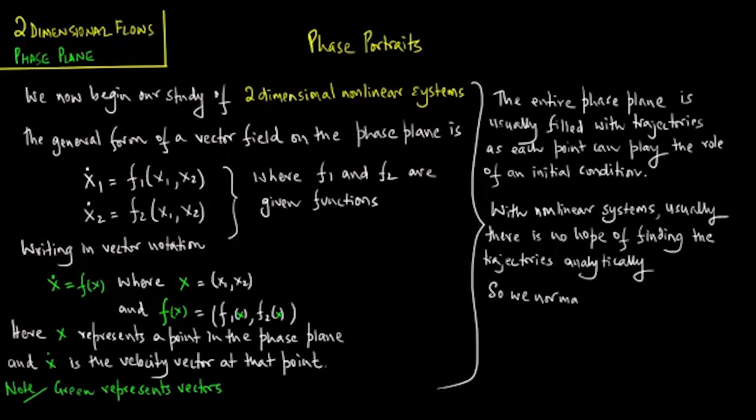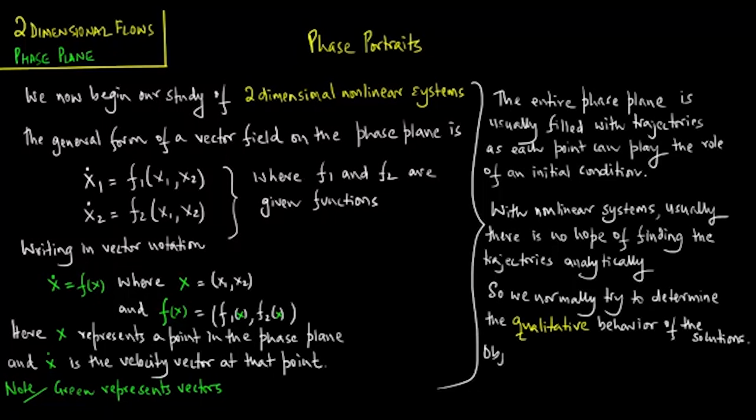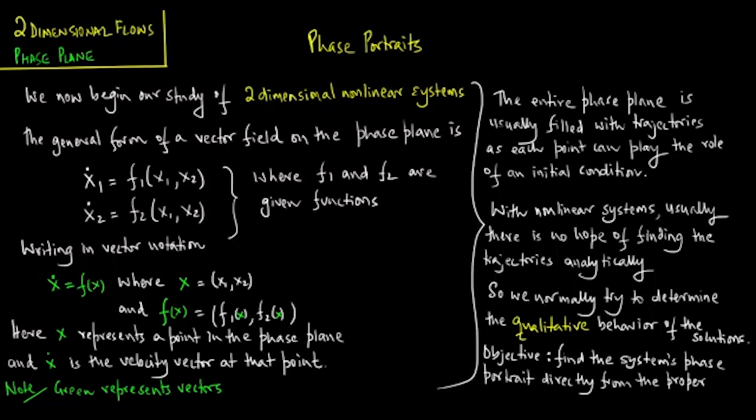So we normally try to determine the qualitative behavior of the solutions. So our objective is to find the system's phase portrait directly from the properties of f of x.